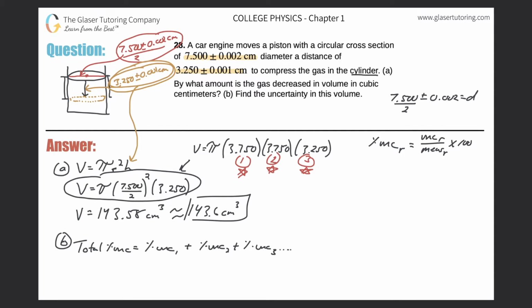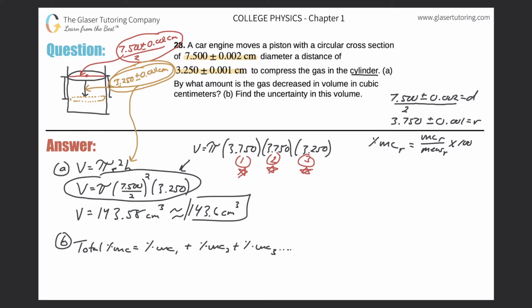Not only did I divide this magnitude value, I also have to divide the uncertainty by 2 as well. So when I write the radius with its associated uncertainty, it should be 3.750 plus or minus 0.001.